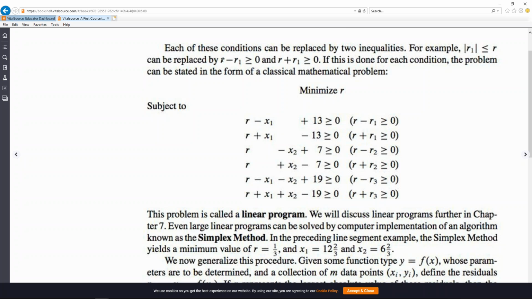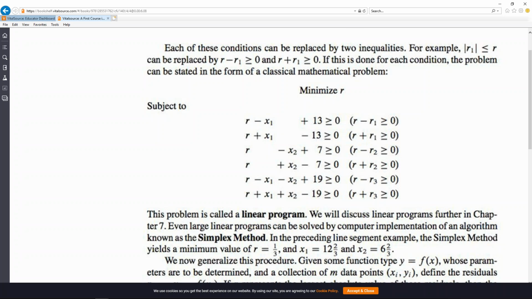So if we know that R minus R1 is larger than or equal to 0, and we replace R1 by x1 minus 13, then we can get the first equation. And similarly, the second equation would be equivalent to replacing R1 using the definition that we had earlier, x1 minus 13 to represent R1, and then we get the second equation.